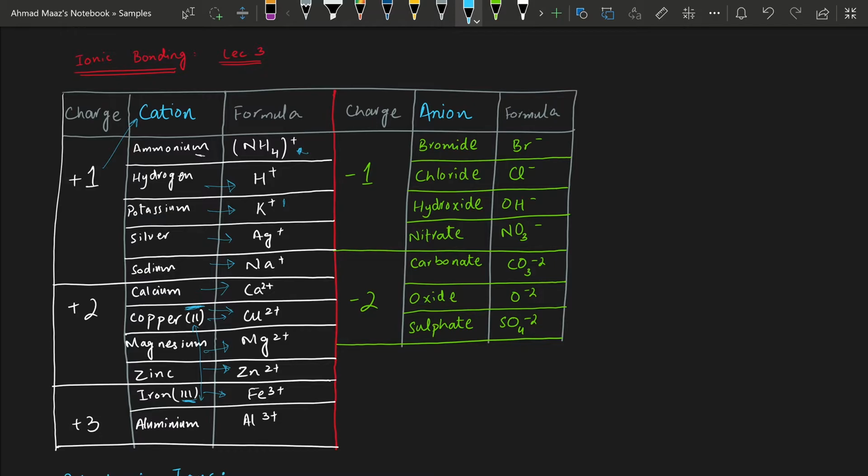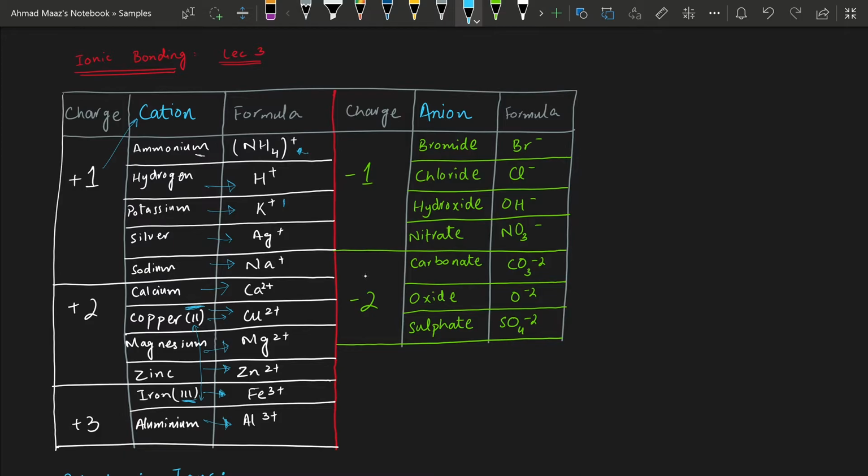So we mention the valency that is being used. Iron in this case has a valency of 3 positive. Aluminum is in group 3, and it donates 3 electrons to become Al3 positive.